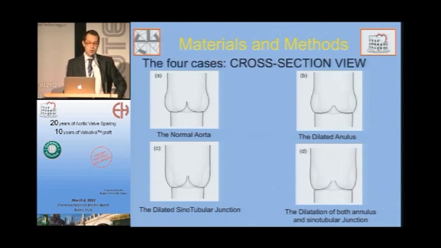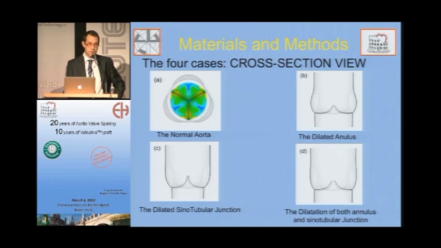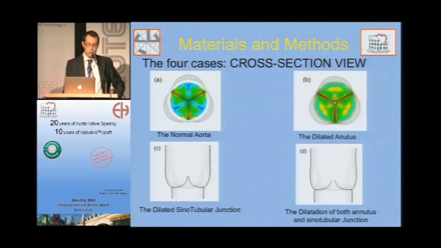When put under stress and obtaining cross-sectional views, which are familiar to surgeons, we obtain this pattern of stress. This is the normal aorta. You see there almost no stress, just a little bit near the commissure. When we go to a dilated annulus, we obtain this image. The stress dramatically increases on the free margin and even in the belly.